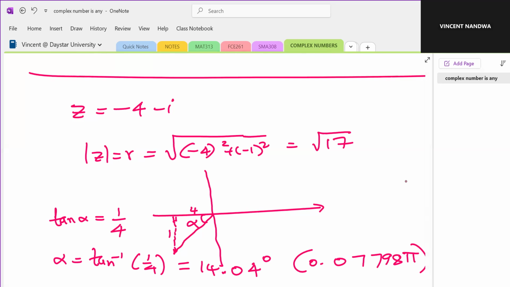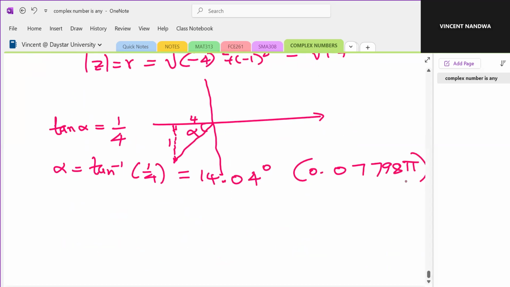So once we have that, the next thing will be to find the accurate value of the argument.